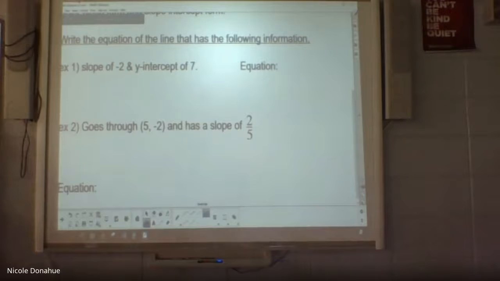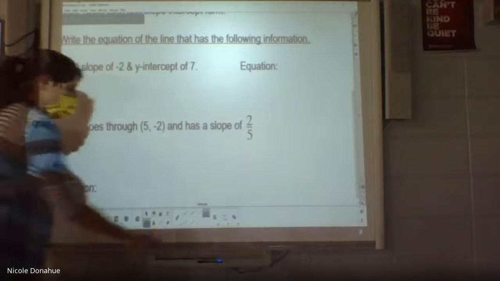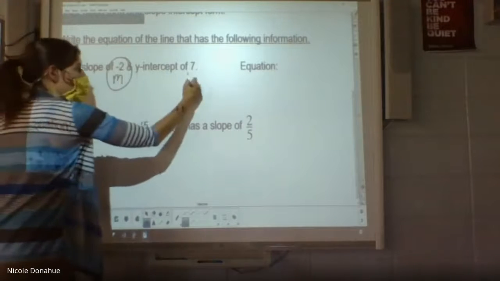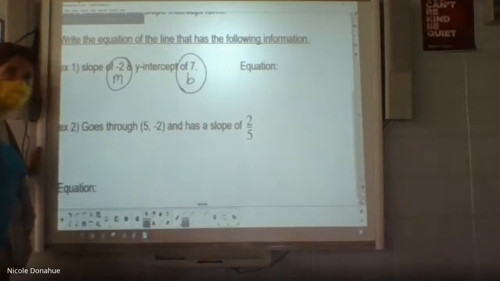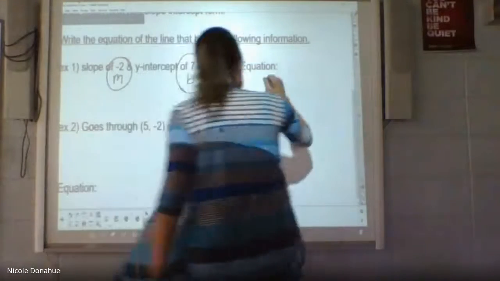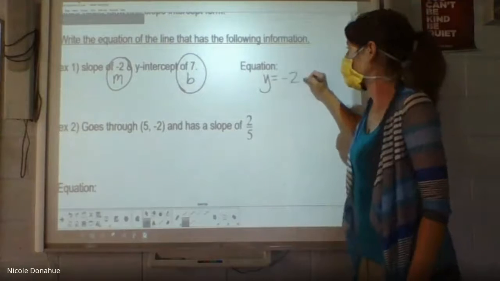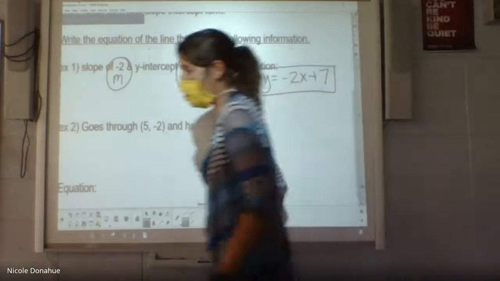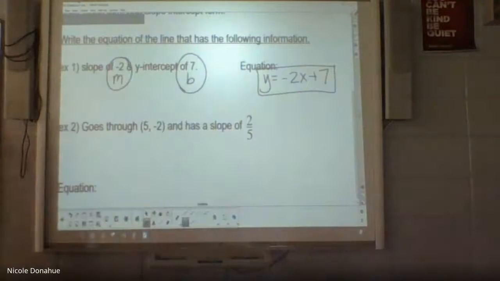We know everything we need to know. So we can write the equation. On something that simple, that really is all we have to do. In y equals mx plus b, if we need m and b and they give them to us, we don't have to worry about finding them.